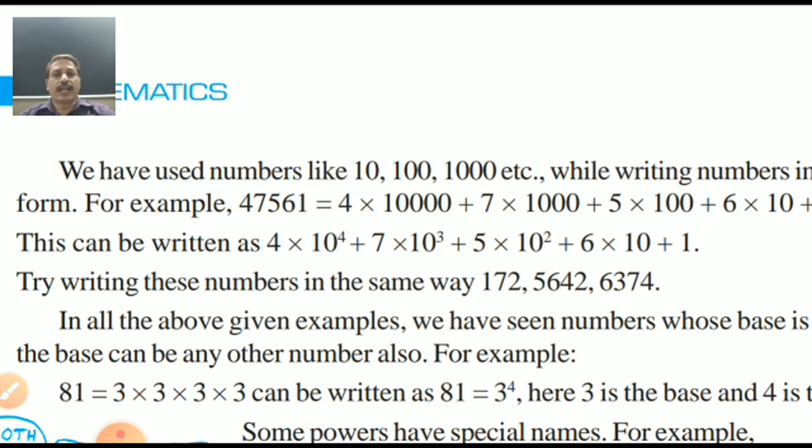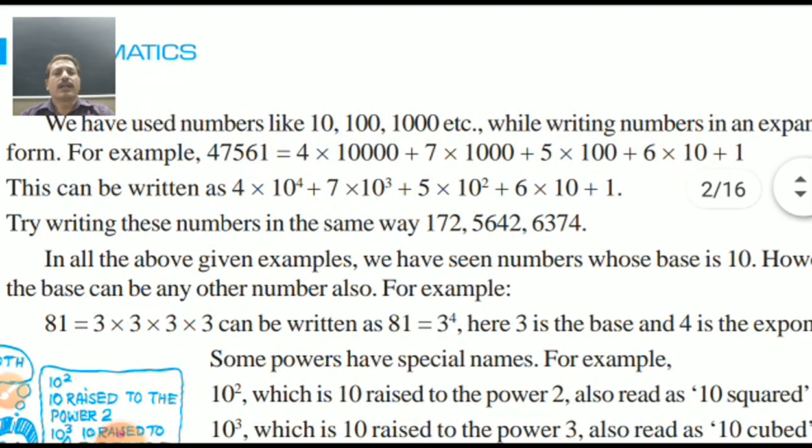Good. So writing this way, a big number or a small number. But sometimes all the numbers can repeat it with the same multiplication. Suppose 81. 81 can write 3 into 3 into 3 into 3, 4 times. 3 raised to 4. Isn't it?